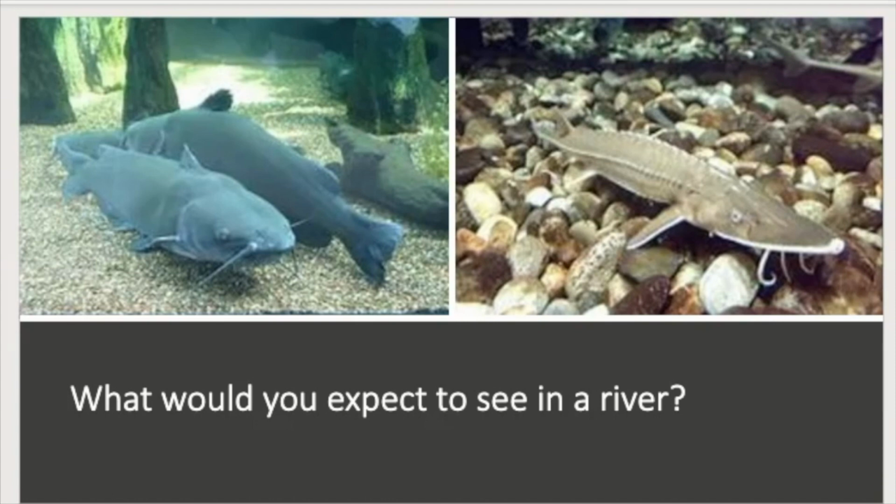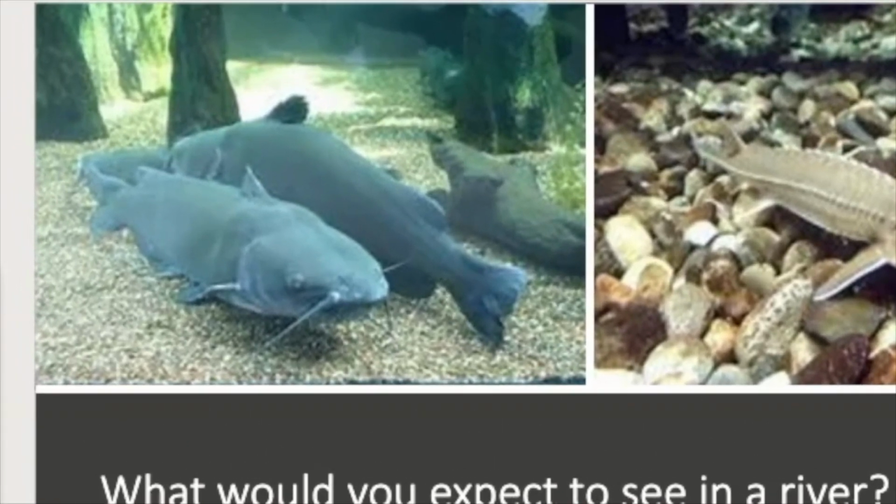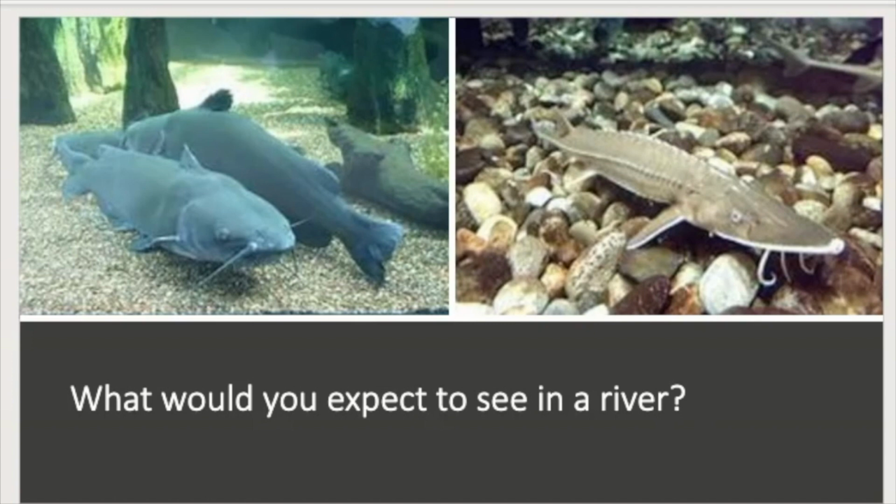Do you know what these are? Did you say catfish? This is what you could find at the bottom of the Missouri River. What do you notice about these animals? Did you say that they camouflage in with their surroundings? They blend in.